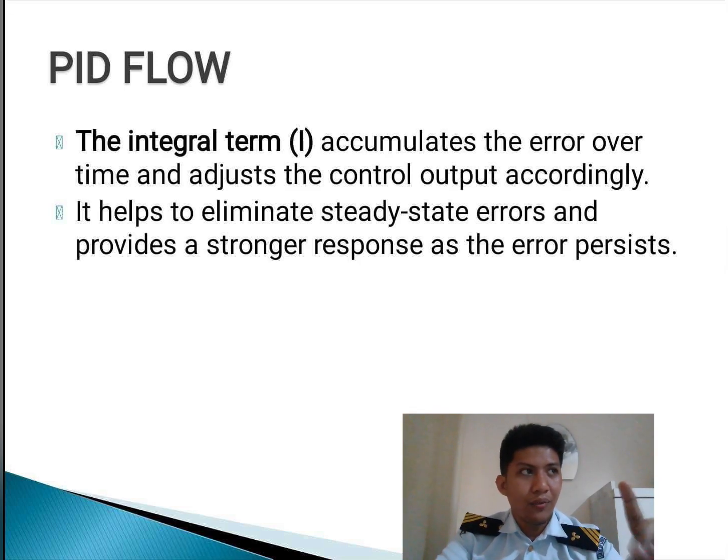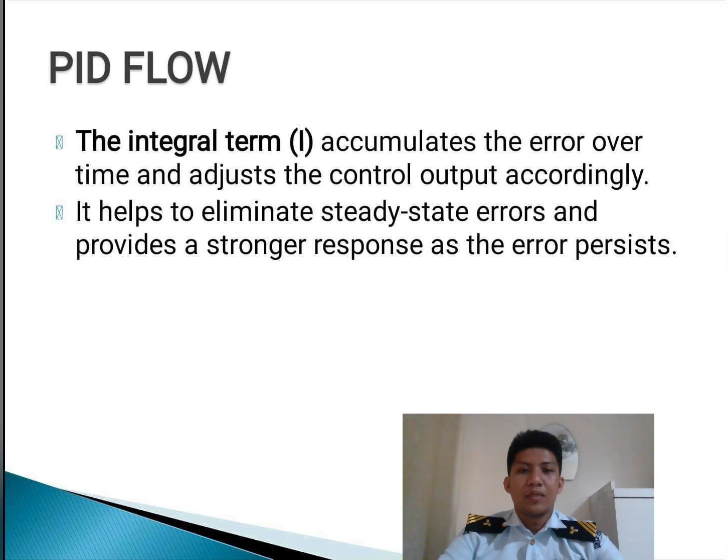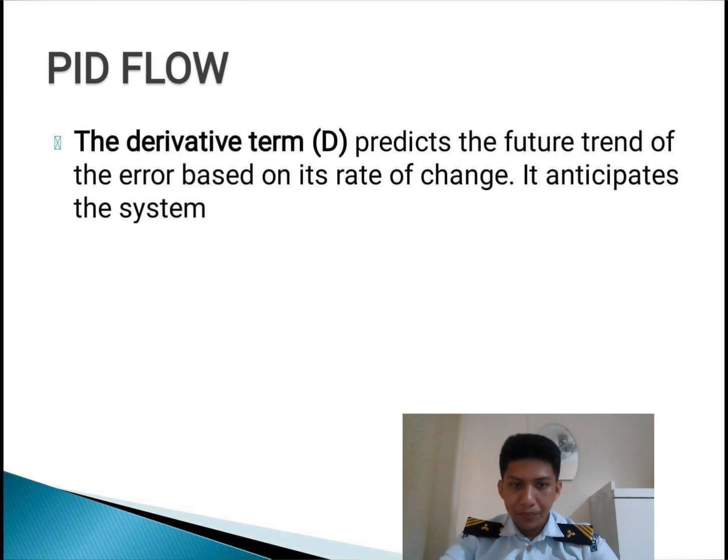So, if ever nanay difference nga usa lang ka segundo or dili complete ang iyang tuyok sa naabot na ang 12 seconds, then ara na mo show ang integral term or ara na mo operate ang integral term. So, it accumulates the error over time and adjusts the control output accordingly. The integral term also helps to eliminate steady state errors and provides a stronger response as the error persists.